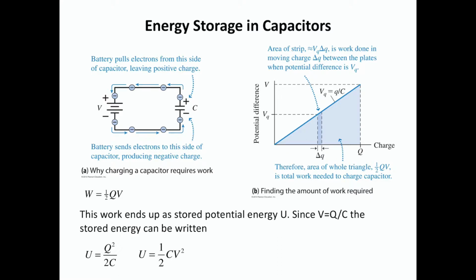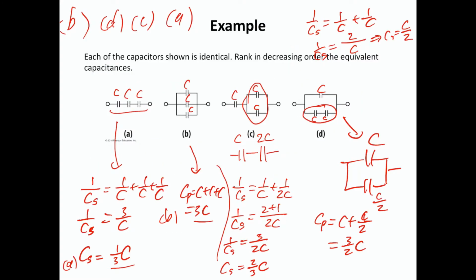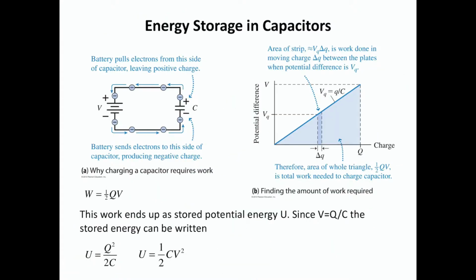Got it? So therefore, when you keep charge on opposite sides, you already got energy here. If you really connect this, the negative will go here, the positive goes here. It means just like they go from high to low energy. So it means you have energy stored in your capacitor.